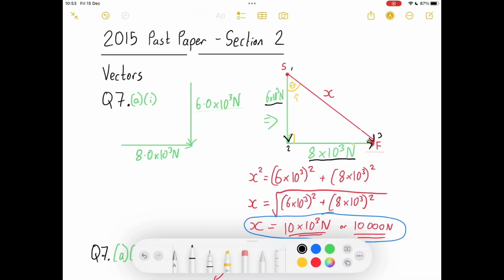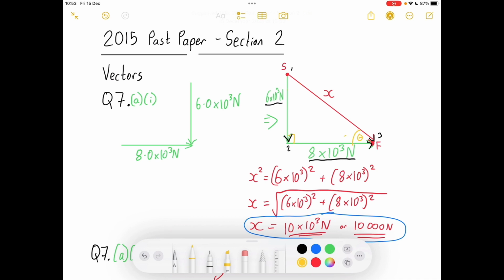So how I said that this was the angle I care about, well, it's not in this question, because that is not relative to my 8 times 10 to the 3 Newton force. It's opposite it. In this question, however, we're going to come back to the one that I said earlier on we might look at, which is this one here. So in this one, which is a bit of a tricky move on their part, this is the angle we care about because that's the one that's relative to our 8 times 10 to the 3 newtons.